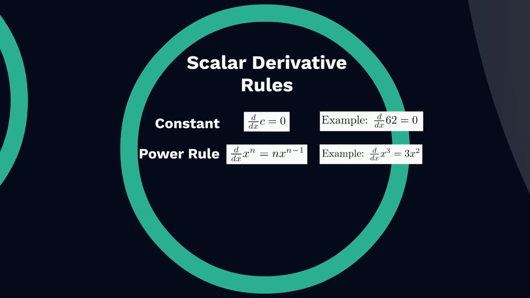So for x to the n, we're going to get n times x to the n minus 1. So let's look at our example. The derivative of x to the third with respect to x, you're going to take that exponent 3, multiply it in the front, so you get 3 times x to the n minus 1. 3 minus 1 is going to be 2, so we get 3x squared.